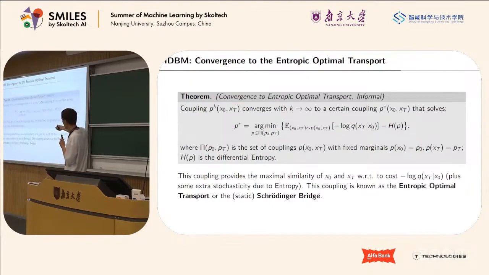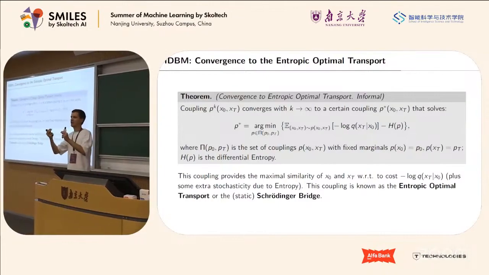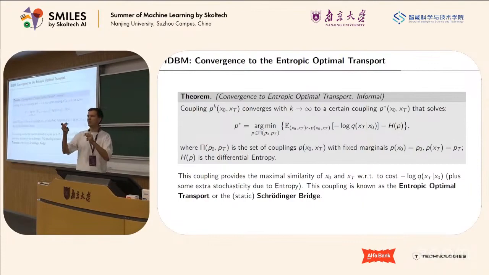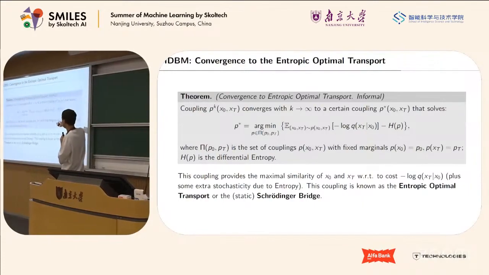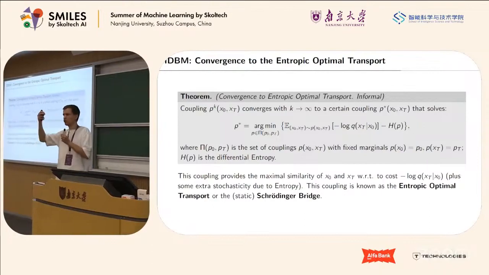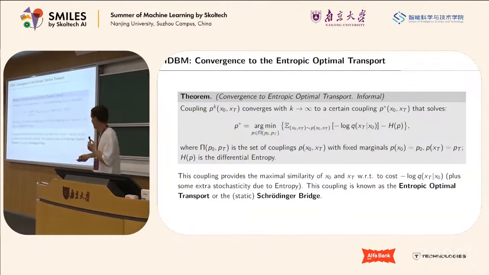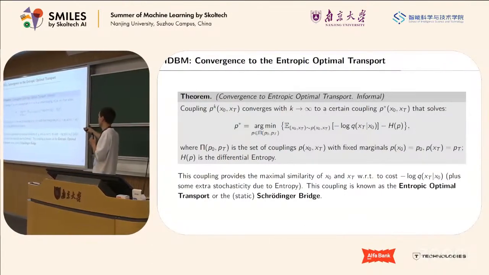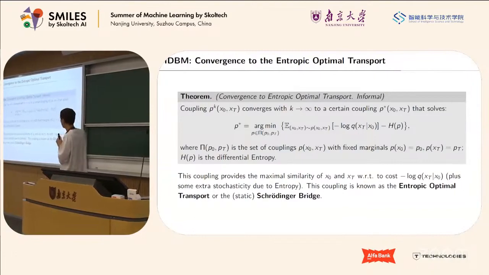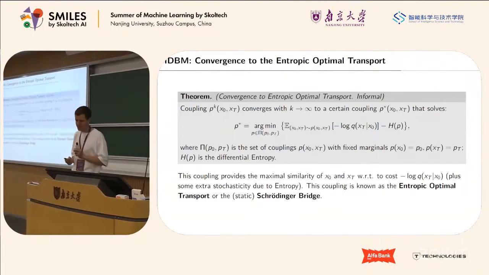You need to find a coupling which minimizes some cost function which defines the correspondence between input and target samples. This cost function is defined by the logarithm of the density of your prior process, with which you do this bridge matching procedure. And there is a term which is usually called the entropy regularization, the differential entropy of your joint distribution on input and target samples.